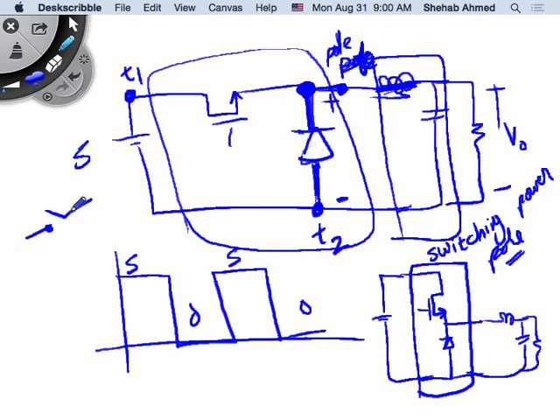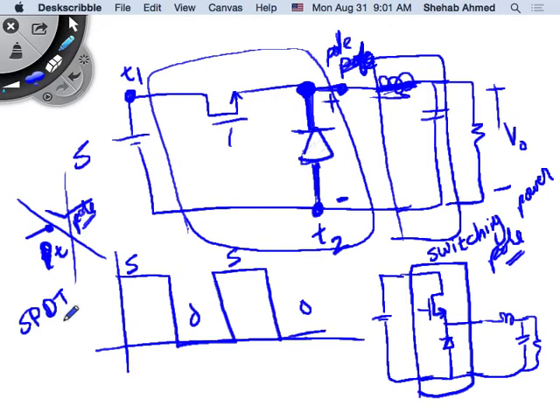So single pole, single throw devices, meaning this is my pole, and this is my throw. If I have a single pole, single throw device, we said that if I have inductive current flowing, I will create this very high voltage and arcing will happen, right? So in power electronics, we don't have single pole, single throw devices. We have single pole, double throw devices.